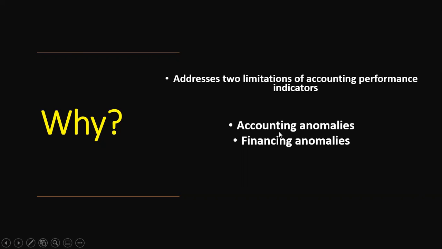Therefore, we can say that profit is subject to accounting anomalies. Profit is subject to the assumptions and the policies that the company can take with respect to depreciation, cost of goods sold, lease, and capitalization of expenses.